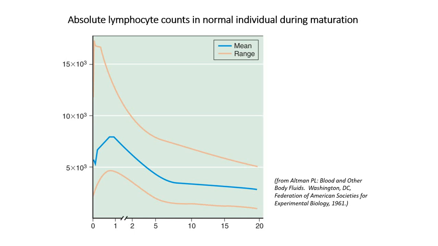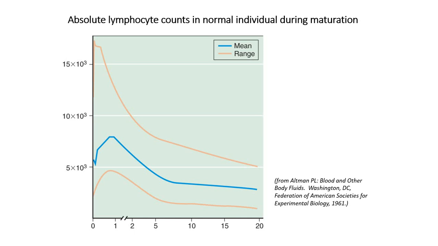In order to understand this, we must remember that in the first couple of years, the total leukocytic count is high and the absolute lymphocytic count is high, and the average lymphocytic count in an infant and a young child is somewhere above 4,000, 4,500 as an absolute count.